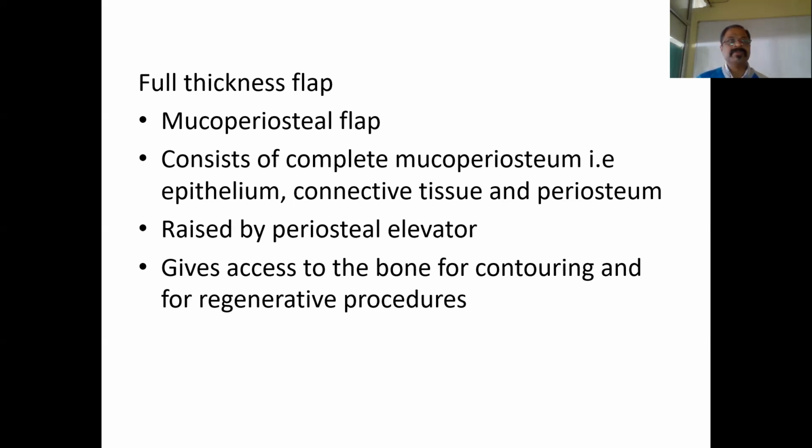The objective is it gives accessibility to the bone surface, either for contouring if the bone is irregular, or if there is a bony defect which is favorable for regenerative procedures, you can go ahead with placement of grafts along with the GTR, right? So this is your full thickness flap, also called a mucoperiosteal flap.